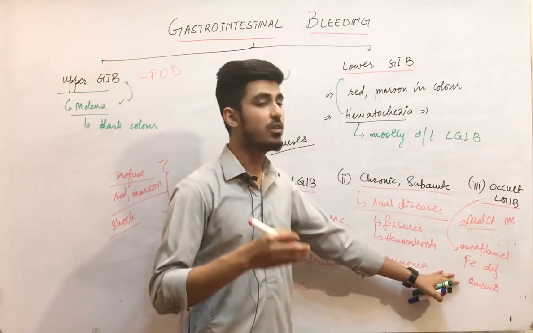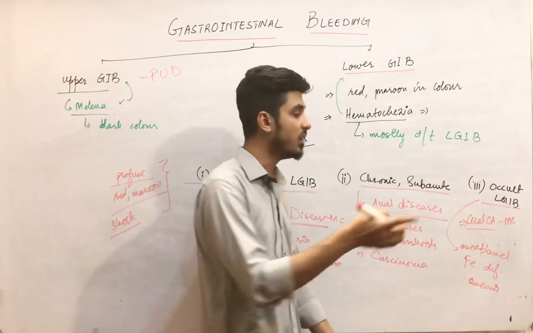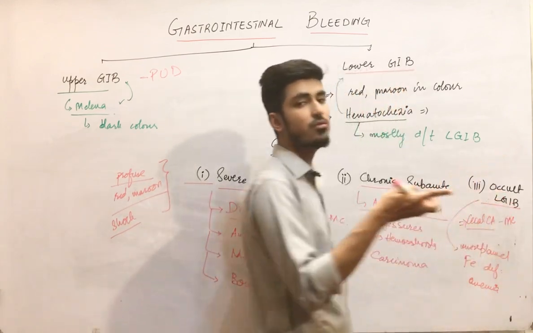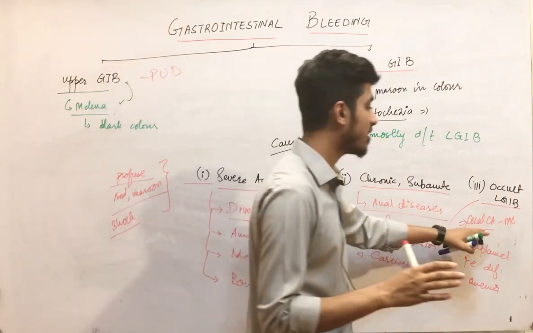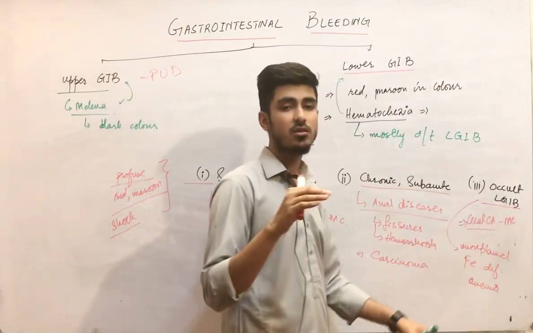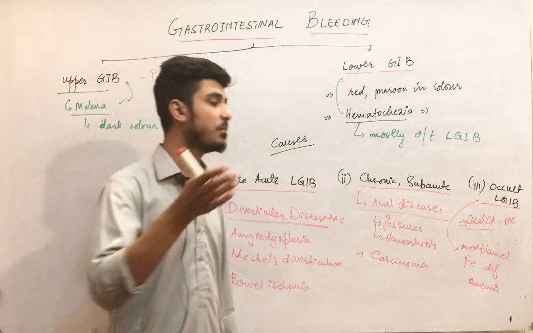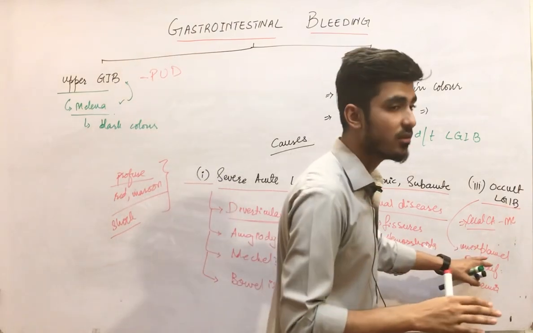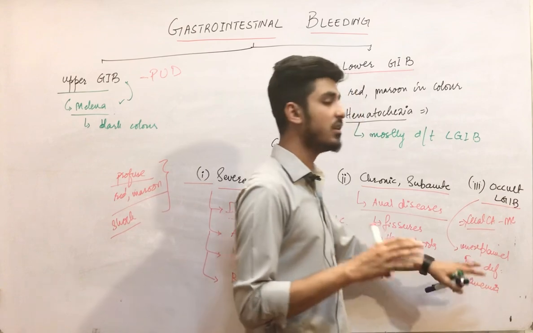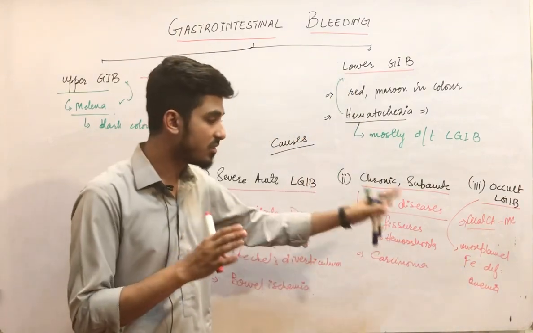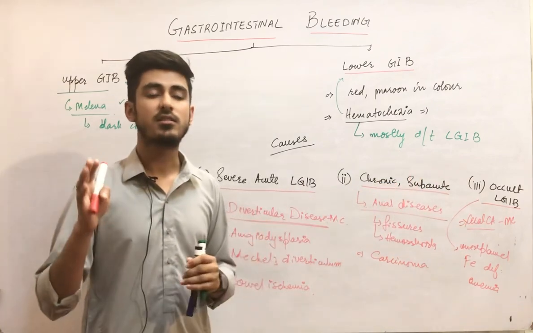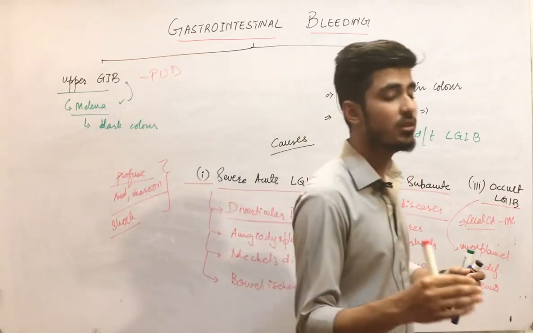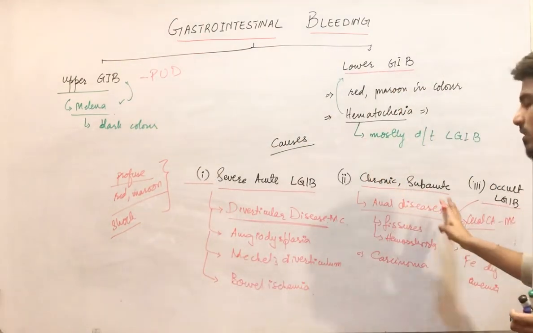So you have to do the workup of cecal carcinoma, because cecal carcinoma is also one of the causes of iron deficiency anemia. Whenever the patient comes to you with this complaint, unexplained iron deficiency anemia, you will suspect cecal carcinoma, and then you will do the workup of this cecal carcinoma.